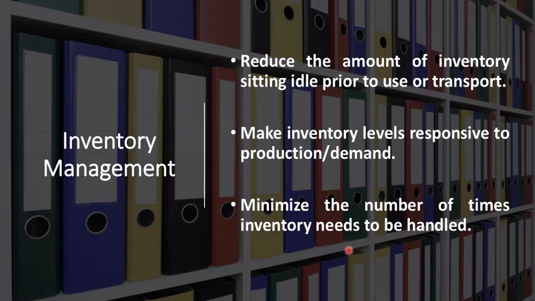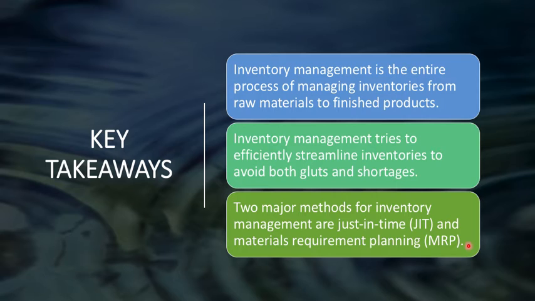It's going to cost you a lot. Planning is very important in inventory management. So you should plan in a way that you don't have to reorder again and again, and you minimize the number of times inventory needs to be handled. So that's the basics. Let's come to another point.